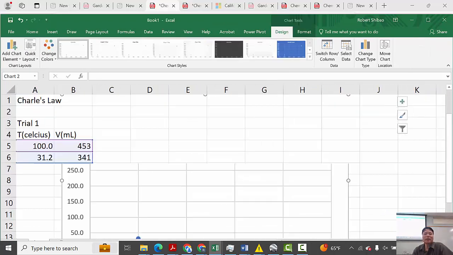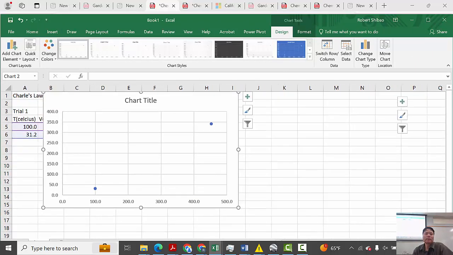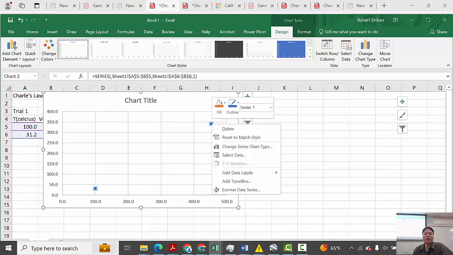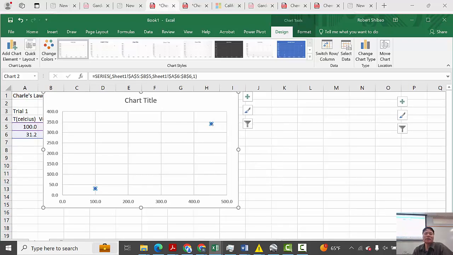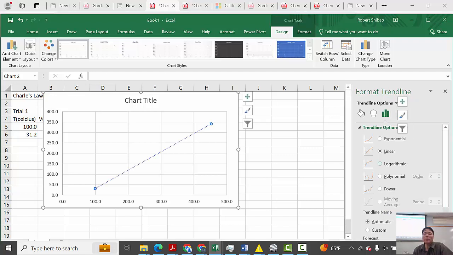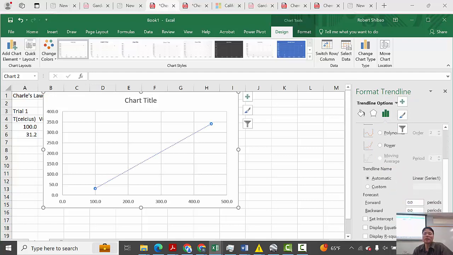So I have this scatter chart here. Then I'm going to fit this to a line. The way we do it in Excel is we add a trend line. I want a linear trend line like this. And then I'm going to ask Excel to tell me the equation for that line.